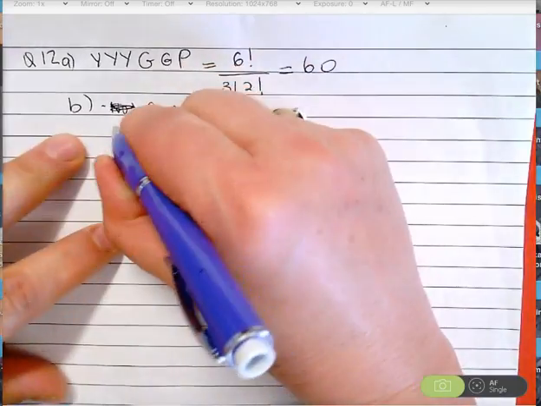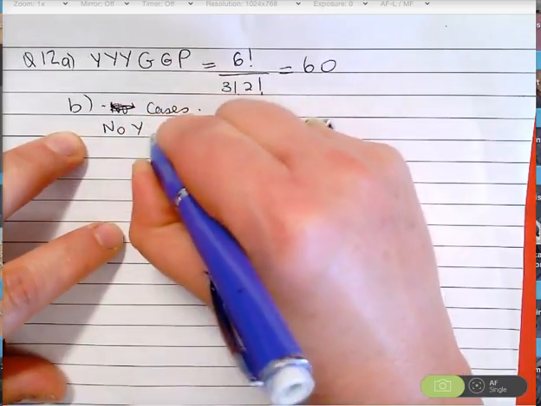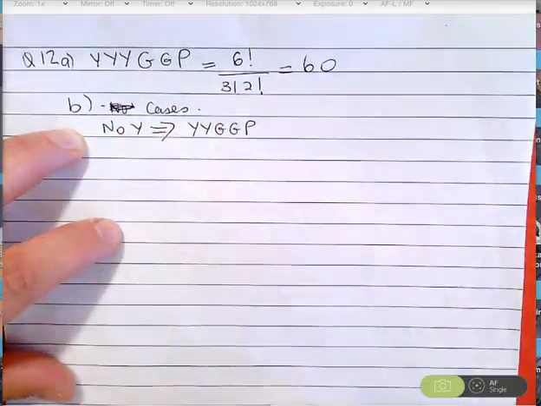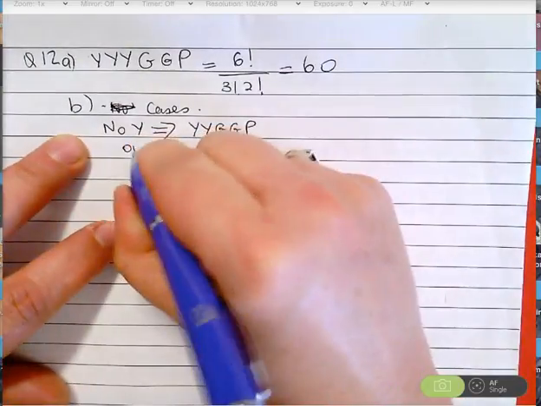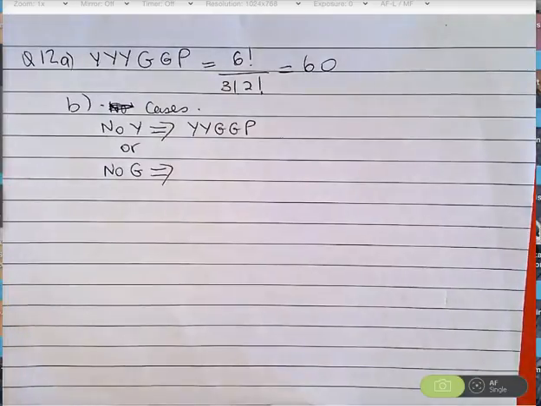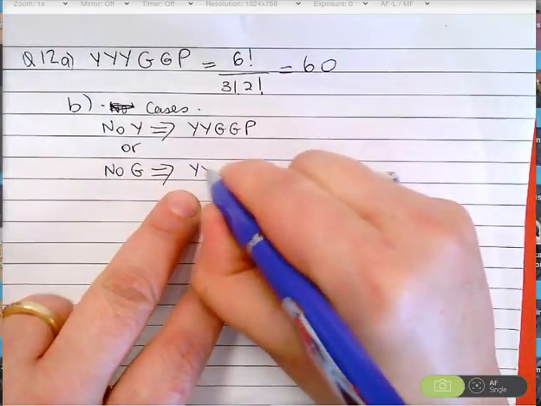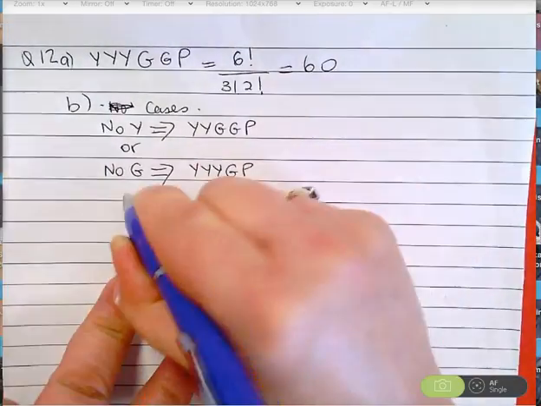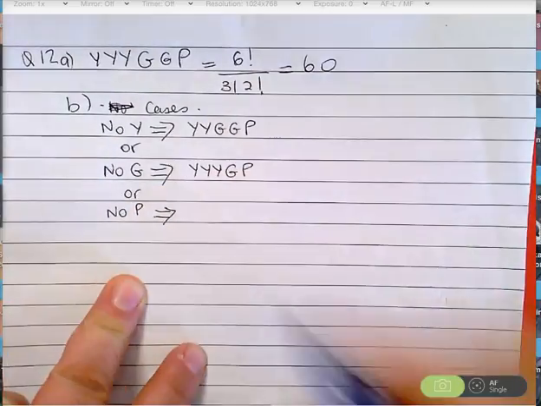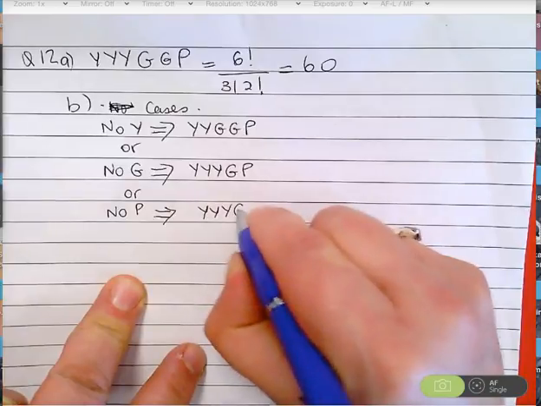So cases. First case, if there is no Y, we would have 2 yellows, 2 greens, and a purple. Or we could have no green. If we had no green, what would we have? 3 yellows, 1 green, and 1 purple. Or we could have no P, purple, 3 yellows and 2 greens.